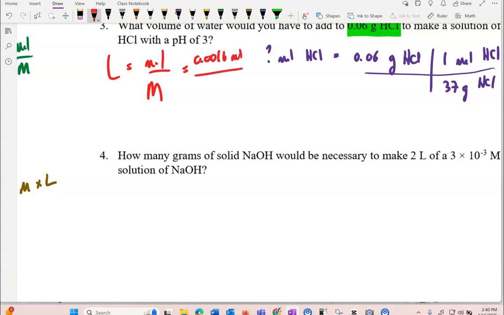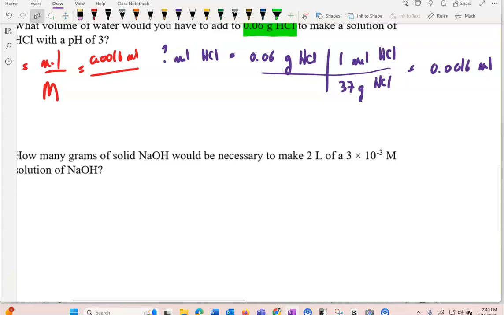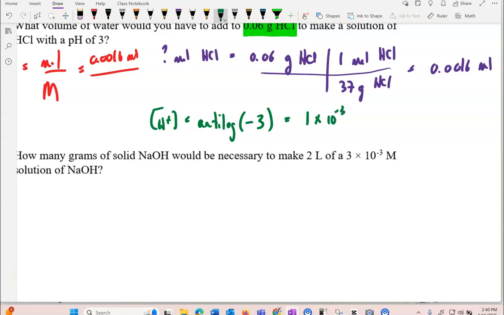0.0016 moles. Now we got to get molarity, and how are we going to do that from a pH of 3? What we know from chapter 14 is that H plus is equal to antilog of the negative pH. Well, this pH is 3, so I'm going to say antilog negative 3, and this concentration of H plus is 1 times 10 to the negative 3.